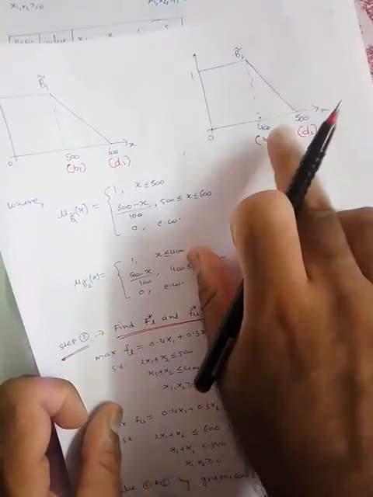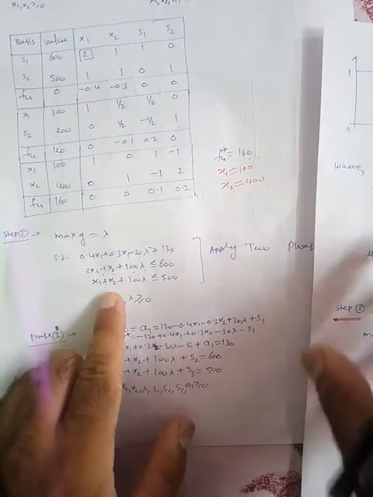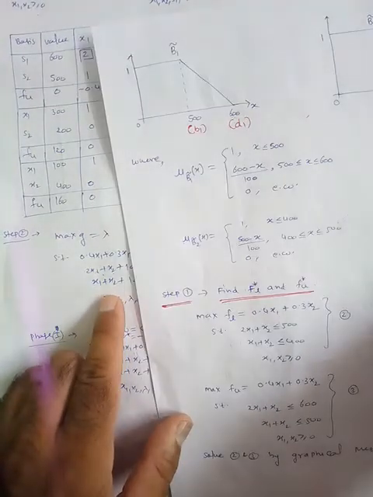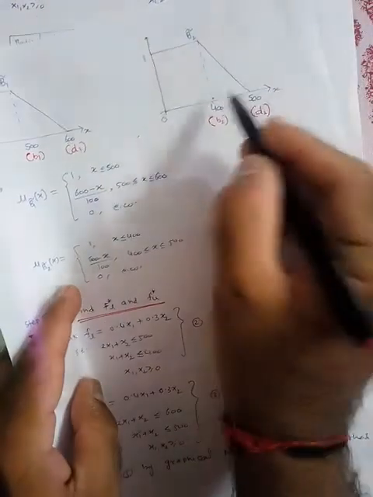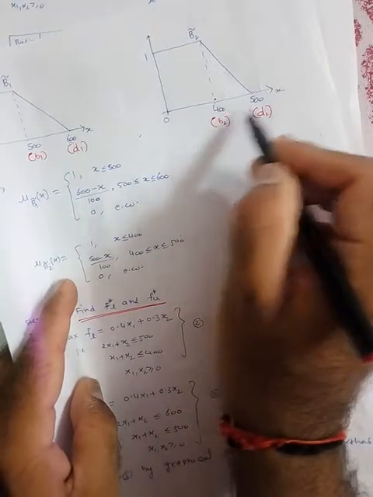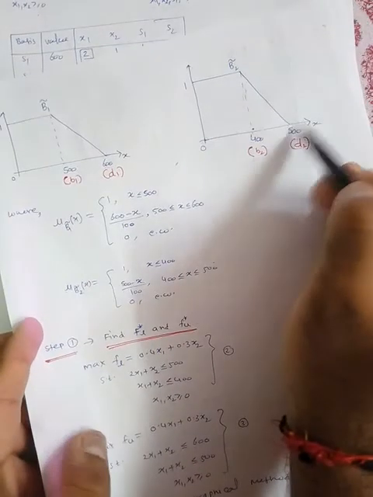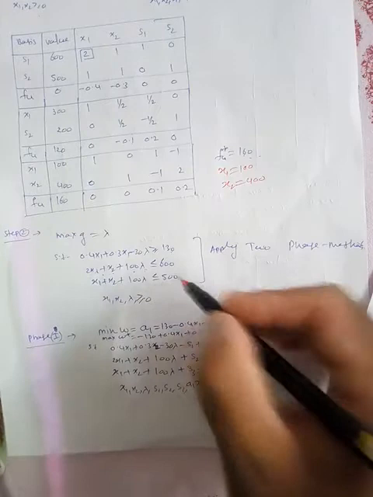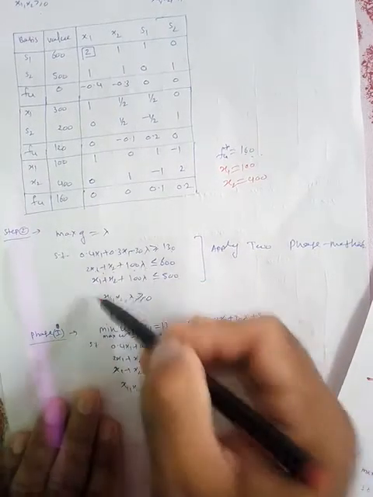Similarly for the second constraint, x1 plus x2, plus this difference, 100 lambda is less than or equal to 500. So this is all about the second problem.